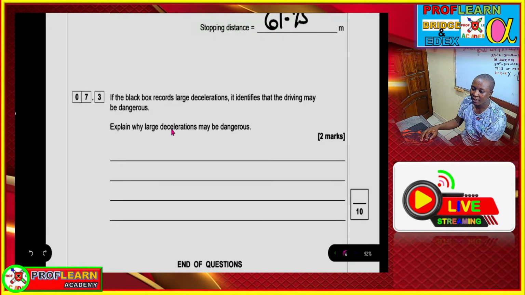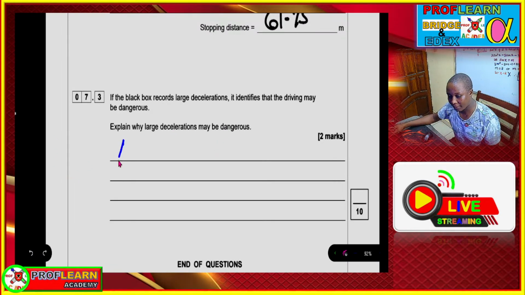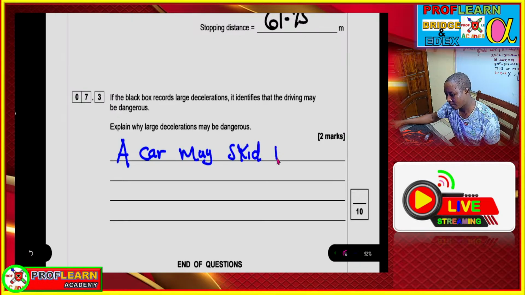Explain why large deceleration may be dangerous, because a car may skid even when brakes are applied.